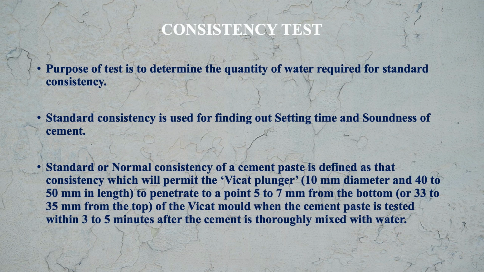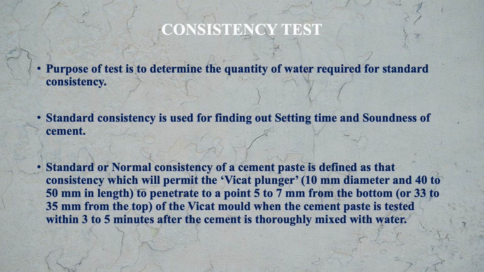Here you see some numbers. First gives the dimension of the Vicat plunger: the diameter is 10 mm and the length is generally 40 to 50 mm. Another number you see is the penetration up to a point of 5 to 7 mm from the bottom.